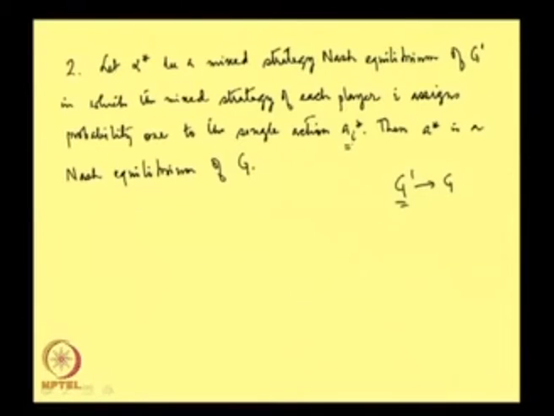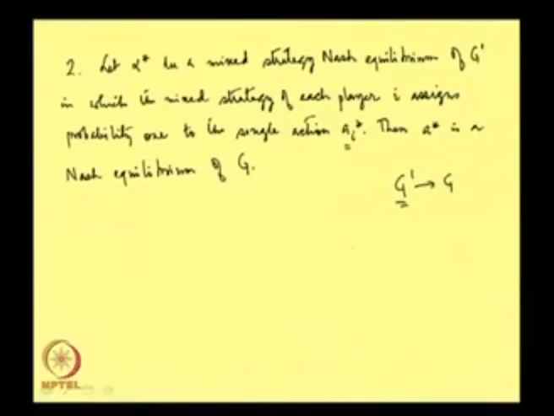Now we have seen the result that if I have actions which are dominated, then those actions can be left out. They are not considered for Nash equilibrium because those actions will not be played with any positive probability in the mixed strategy Nash equilibrium.